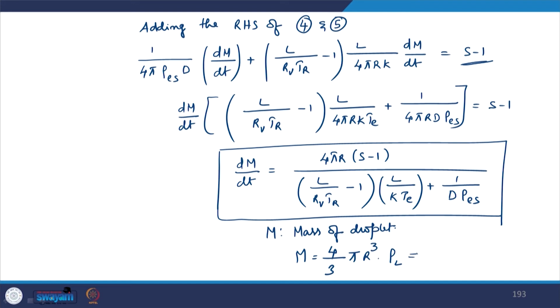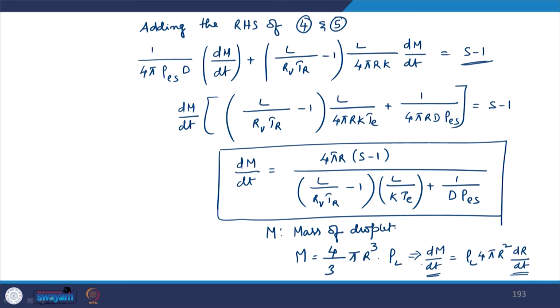So, if you write similarly dm over dt, the rate of change of mass, it depends on the density, which remains a constant, and of course 4 pi r square into dr over dt. So, the rate of change of mass will only depend on the rate of change of the radius. The remaining, of course, are constants. So, we will have to substitute this, of course. The point of taking this derivative is to be able to substitute this into this, right.